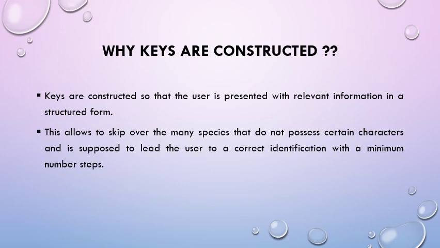This allows us to skip over the many species that do not possess certain characters, and is supposed to lead the user to a correct identification with a minimum number of steps. At each step of the key we accept one lead and reject the second one. By rejecting the second one, the undesirable species are rejected, and we can easily reach the correct information about our organism.